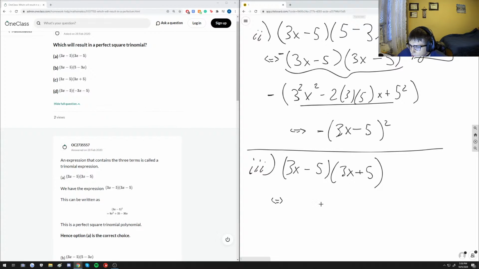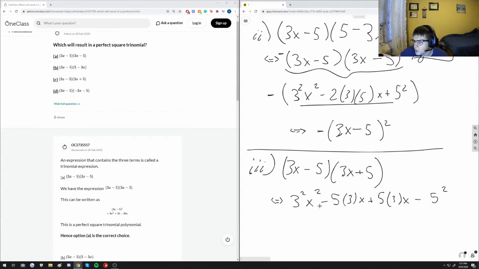We multiply these out and get 3 squared x squared, but no, there's not a minus 2 in this case. Because of these different signs, we have to consider the sum of the products differently. We get minus 5 times 3x and then plus 5 times 3x, and then minus 5 squared.